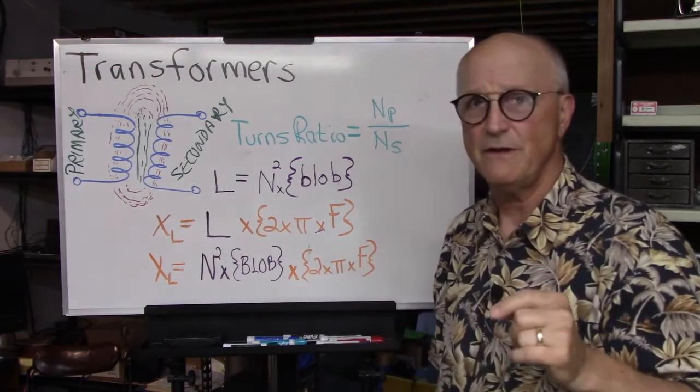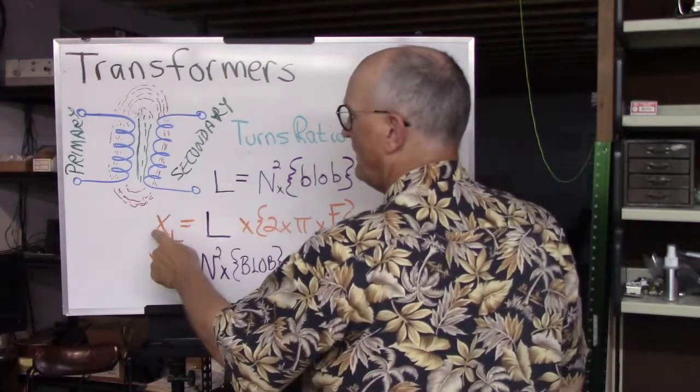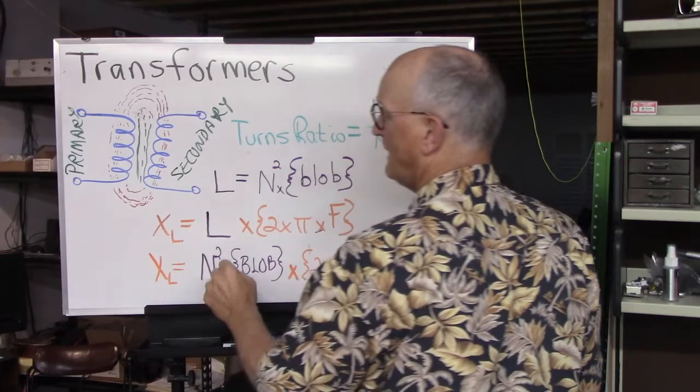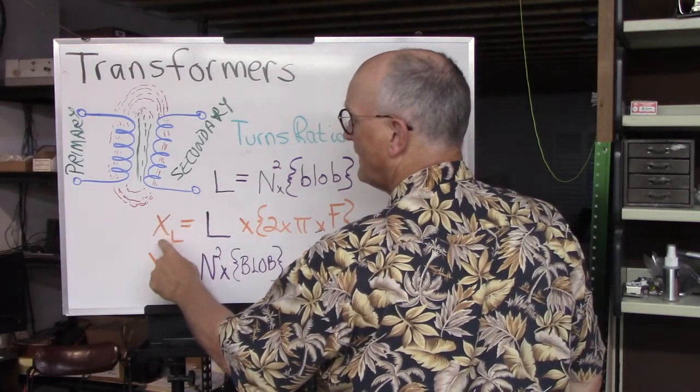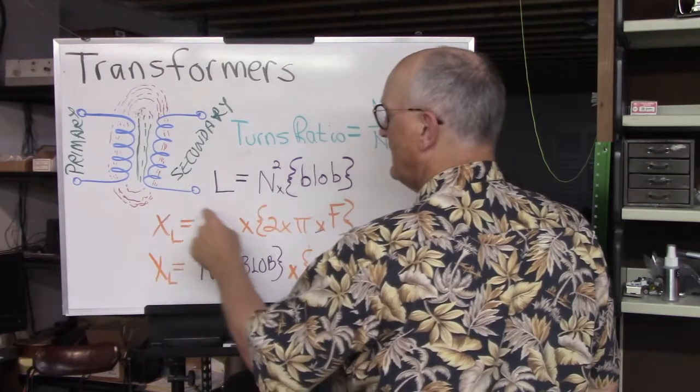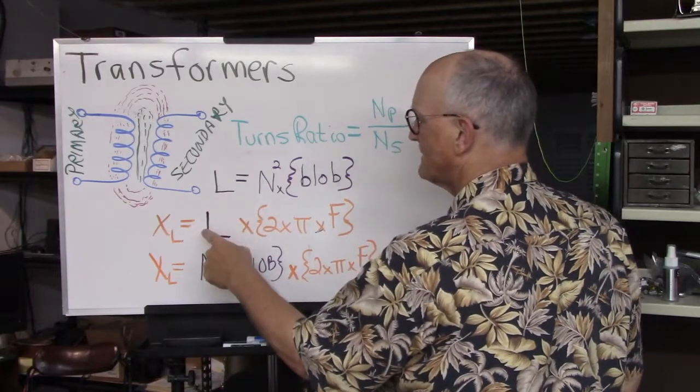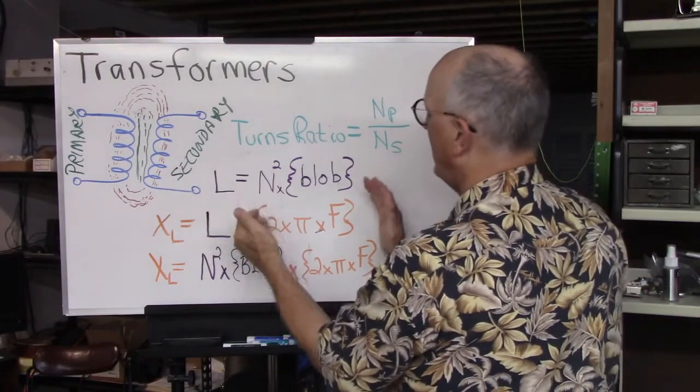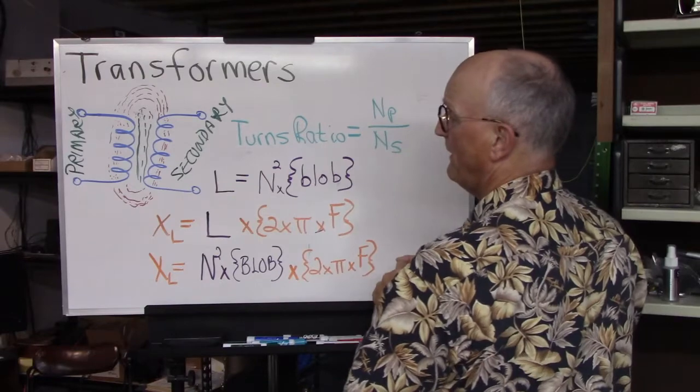In a previous video, we also learned that the impedance of an inductor, or the inductive reactance, is equal to the inductance times 2 pi times the frequency.